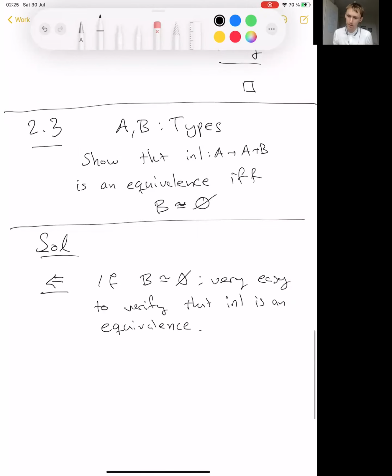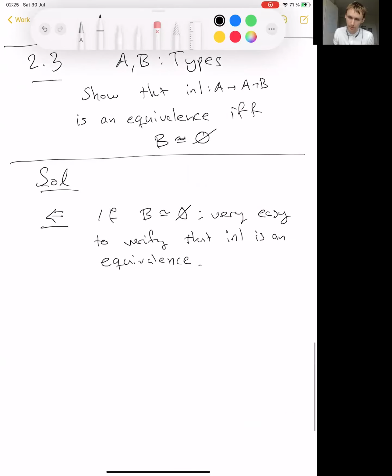You can just construct the map back. We'll map things in A to things in A, and things in B you don't have to map to anything because B is empty. So this direction will be automatic if you sit down with the details. The slightly trickier direction is the other one.